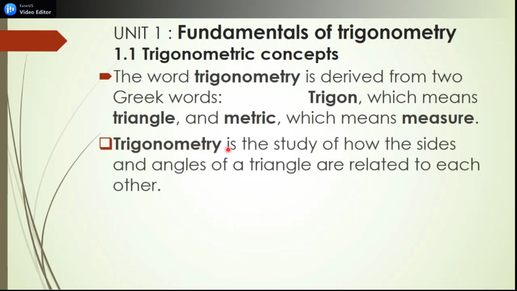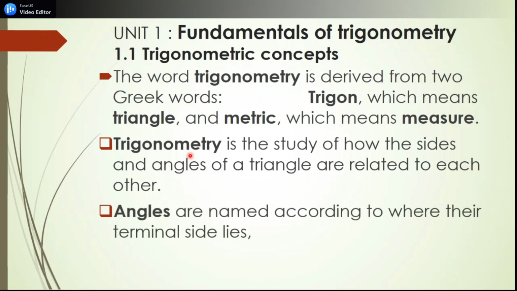Trigonometry is the study of how the sides and angles of a triangle are related to each other. In one word, trigonometry is the study of angles and sides of triangles.